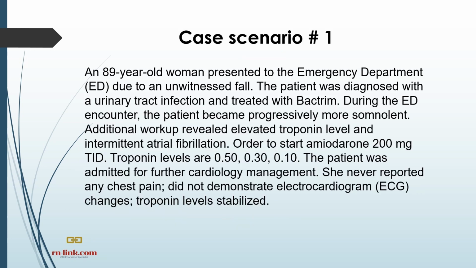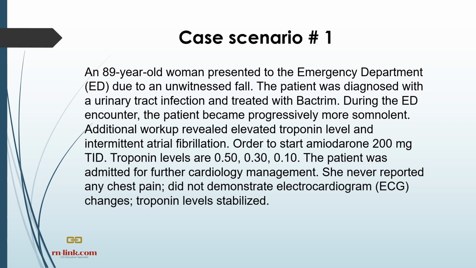Case scenarios. Case scenario number 1. An 89-year-old woman presented to the emergency department, ED, due to an unwitnessed fall. The patient was diagnosed with a urinary tract infection and treated with Bactrim. During the ED encounter, the patient became progressively more somnolent. Additional workup revealed elevated troponin level and intermittent atrial fibrillation.